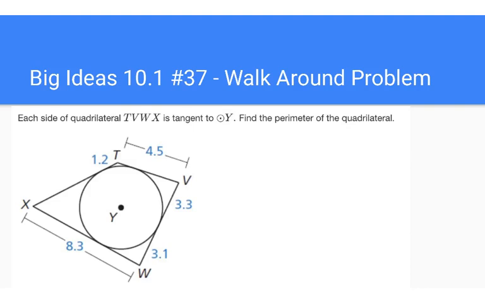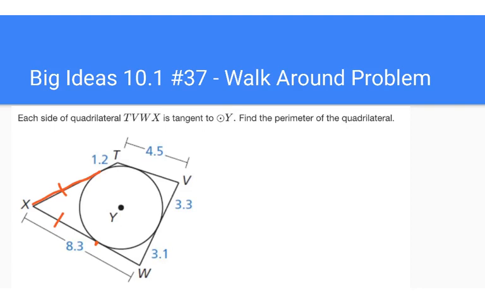Now the key in this type of problem, and you're asked to find the perimeter for this particular one, and you actually know most of the sides. The only one you don't actually know the length of is this piece right here, but you know it's the same as this piece, but you don't know exactly that piece from here to here because you know that the whole side is 8.3.